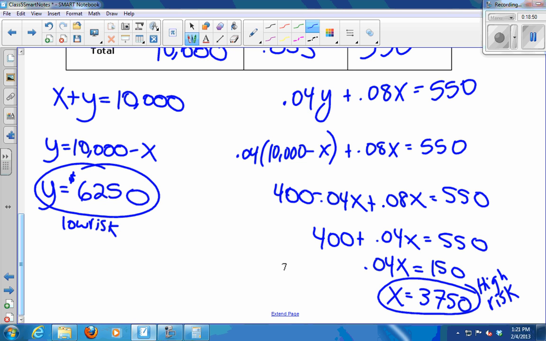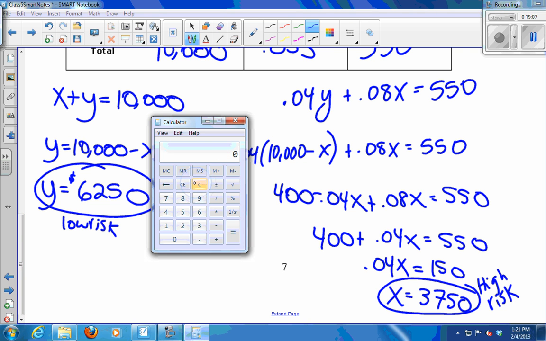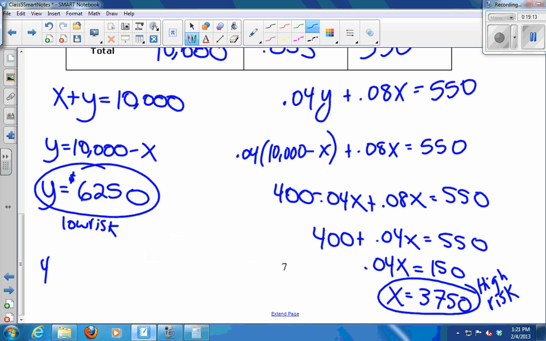Sure, yeah. Checking is always a good idea. So we have two amounts that we should invest. We should double check that they add up to 10,000. And then we should say, well, if I get 4% of this, so I'm going to take 4% of 6,250. I get $250, right? 4% of 6,250 is $250.